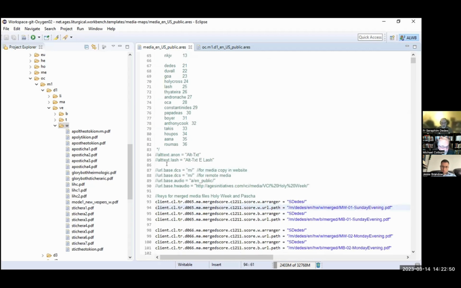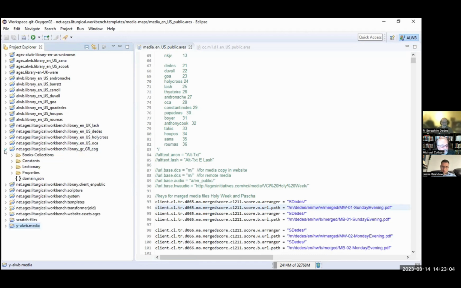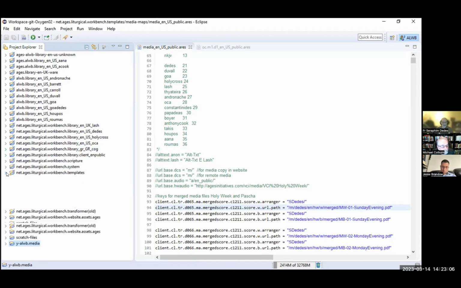It's got to be someplace. Sure, URL base. I wonder if that's, oh, you know what? It may have been moved, huh? Well, it may be in the preferences.